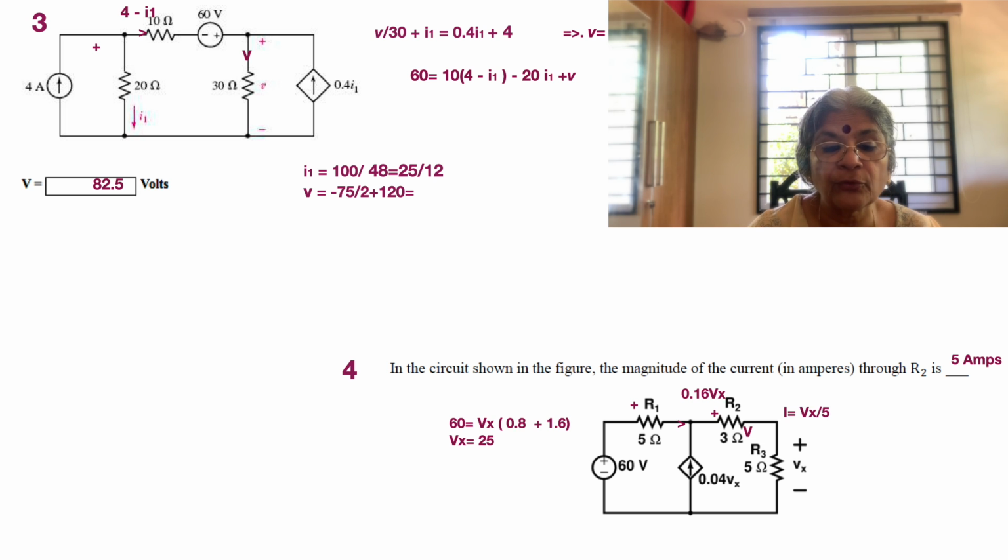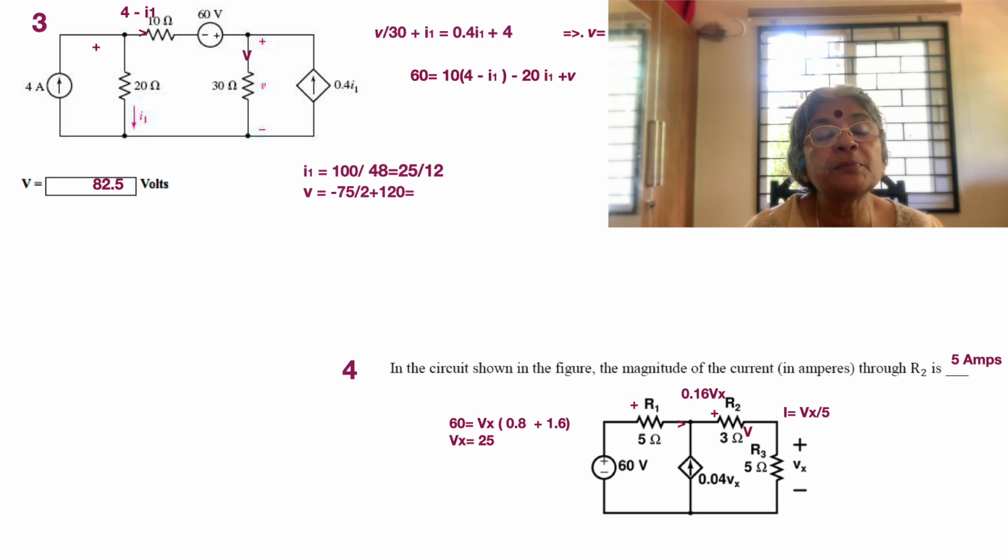Now we have a 60 volt source at the other end, and we also see that 0.04 Vx arrives at the center junction, and Vx by 5, which is equal to 0.2 Vx, flows out into the 3 plus 5 ohm series.